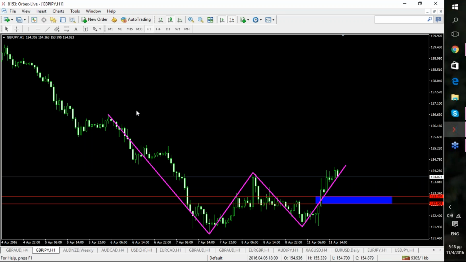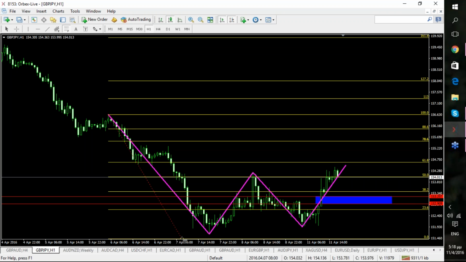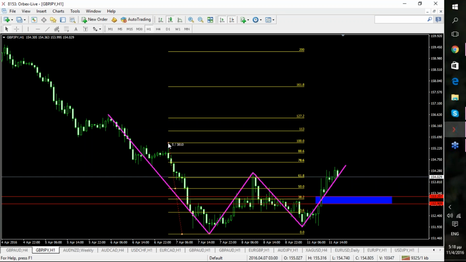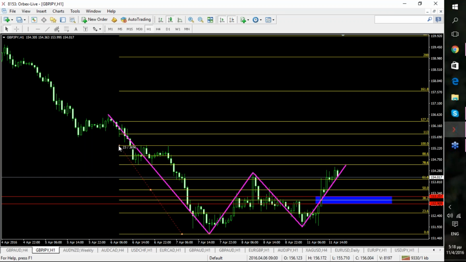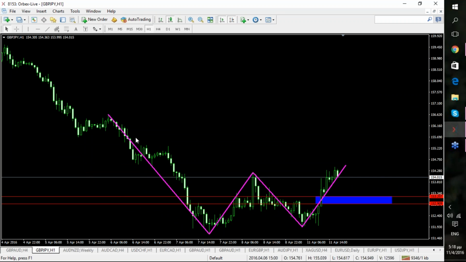Usually if you pull your X to A, you can see that the reversal is always quite close to the 61.8 or the 78.6. Let's see. Could easily make that my X to A, so that's the W. So it's time for a reversal downwards.